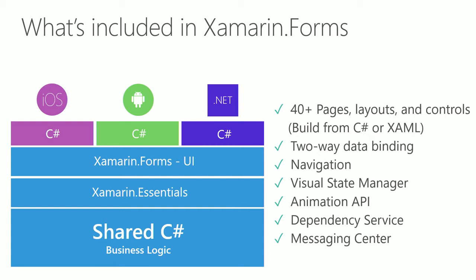Or from XAML. So if you're coming from a WPF, UWP background, XAML user interface there, which means you have a full two-way data binding system. When you type something into an entry, it automatically updates your code behind and vice versa. But the team has also abstracted navigation cross-platform, animation APIs, a visual state manager, and a lot more.